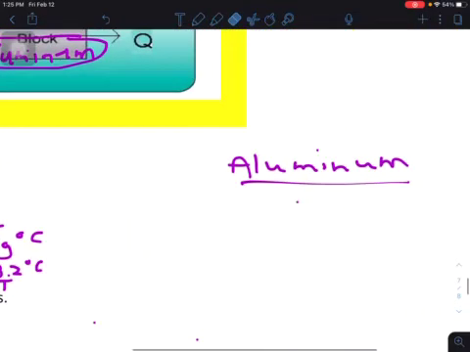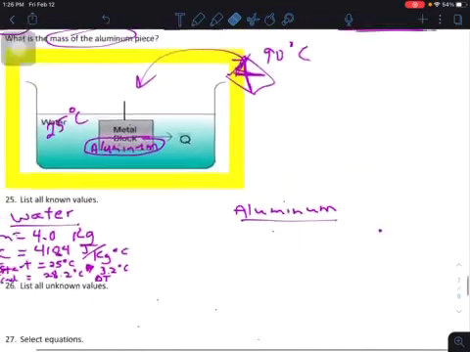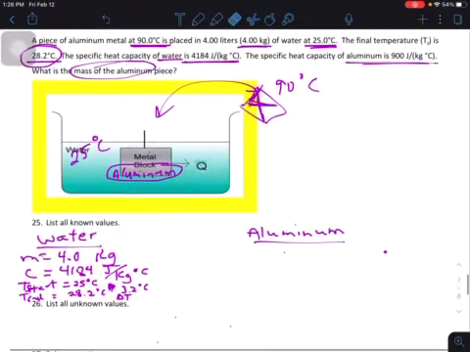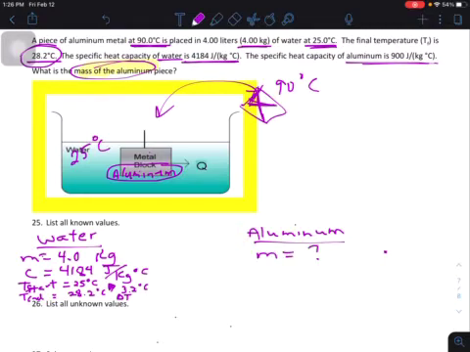And what do we know about the aluminum? We are looking for the mass. We don't know what it is.